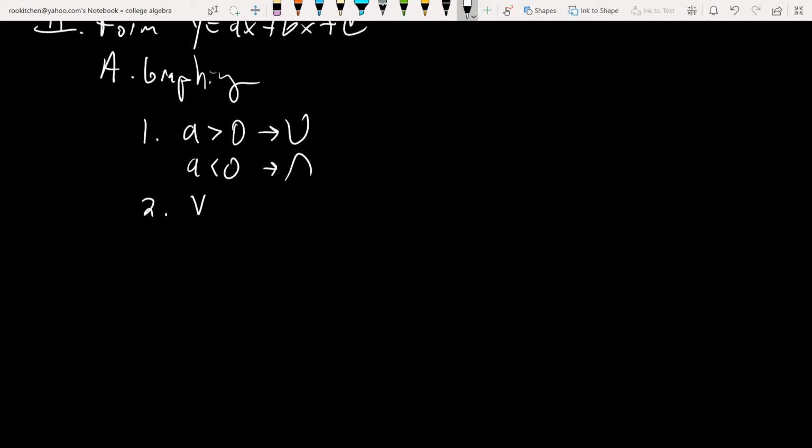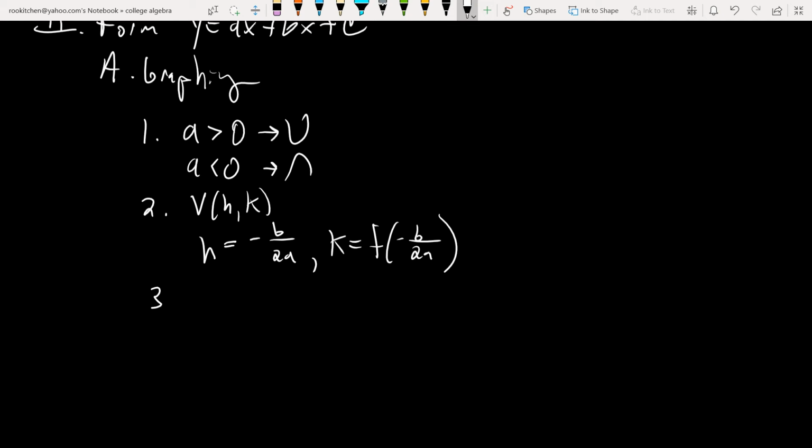Now this is the hard part, the vertex h, comma, k. It's not hard, but you have to memorize something. For me, I hate memorizing, so it's hard for me. Maybe not for you. h equals negative b all over 2a, and then k will equal f of negative b over 2a. So you basically just take the x vertex and plug it into the equation, and then that will give you the y vertex. Okay, so that's the worst part. And then you get the x and y intercept.